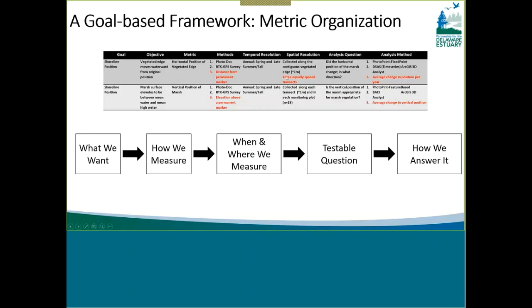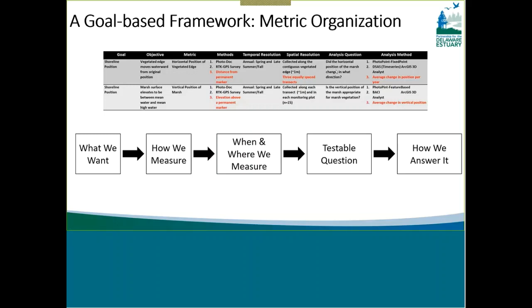So say I'm going to do this distance from a permanent marker. I'm just going to take my site, split it into thirds, and put a transect down the middle and then put one at the 75th and the 25th percent distance from the starting point. 3 equally spaced transects.